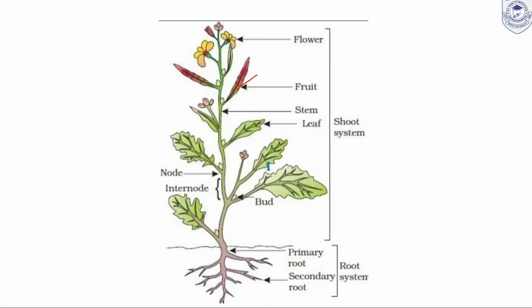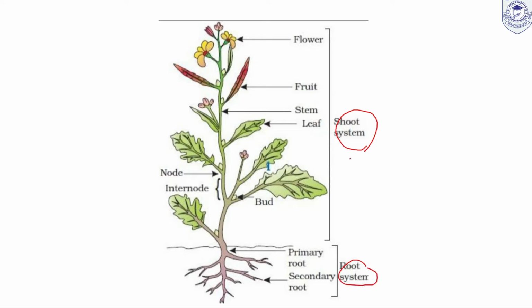Before we begin our day's topic, let us have a short recap or a short revision on what we have learned in the previous classes, okay? So we know that there are two systems in plants, right? What are the two systems in plants? It is the shoot system and the root system, right?